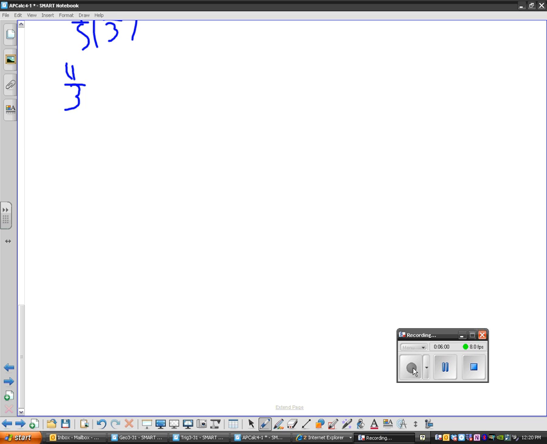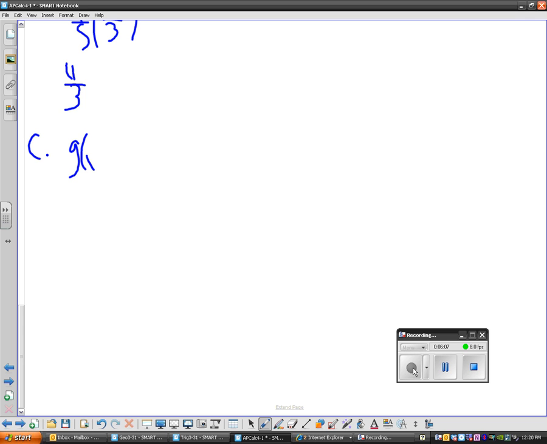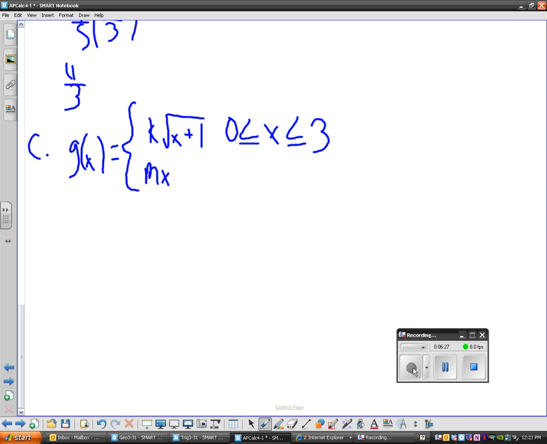Now part C. It says g of x is defined as k times the square root of x plus 1 from 0 to 3, and then mx plus 2 for 3 to 5.